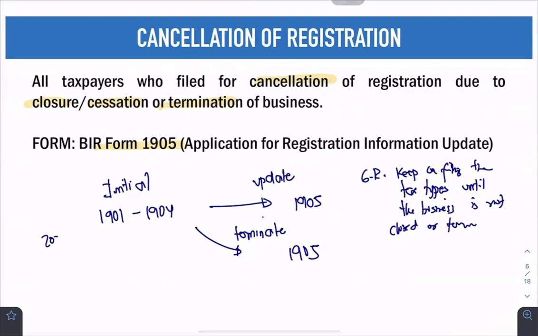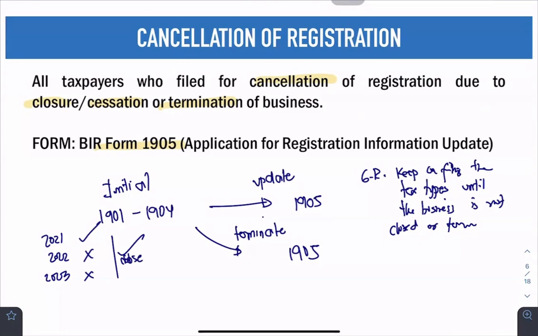So let's say, for example, 2021, you operated. 2022, you stop operation. 2023, you stop operation. So assuming in 2022, you stop operation, will you still be liable for taxes? Yes. Why? Because we said you need to keep on filing those taxes unless you close your business. So assuming in 2022, you already close your business.